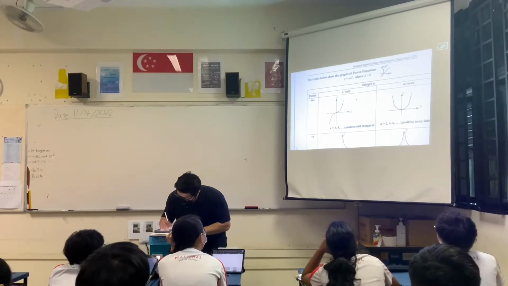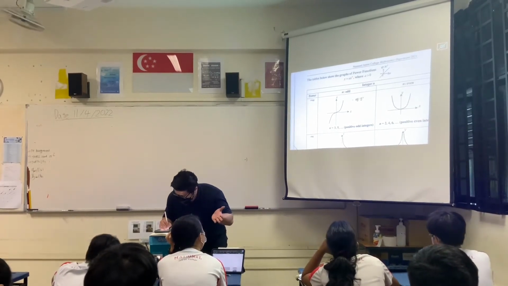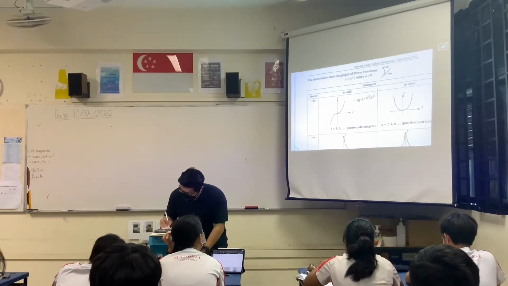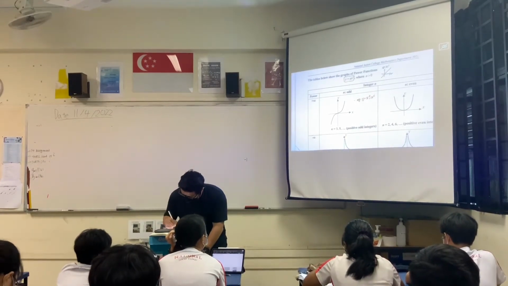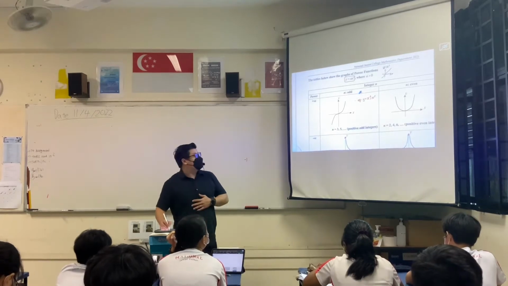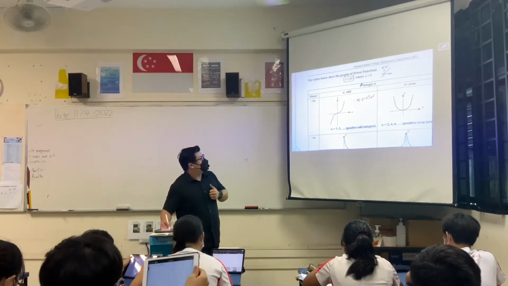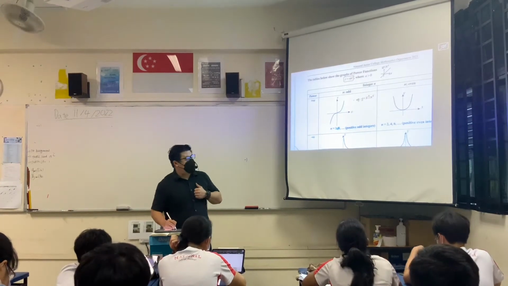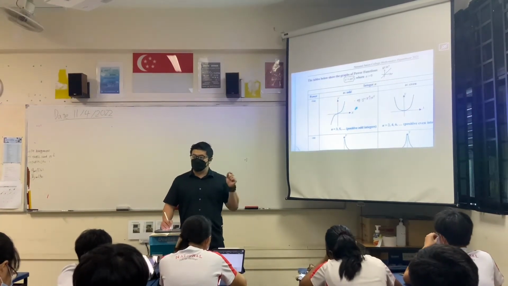Try on your textbook, y equals x to the power 3, y equals x to the power 5. So we are referring to this equation, sketching power 3, power 5 and so forth.